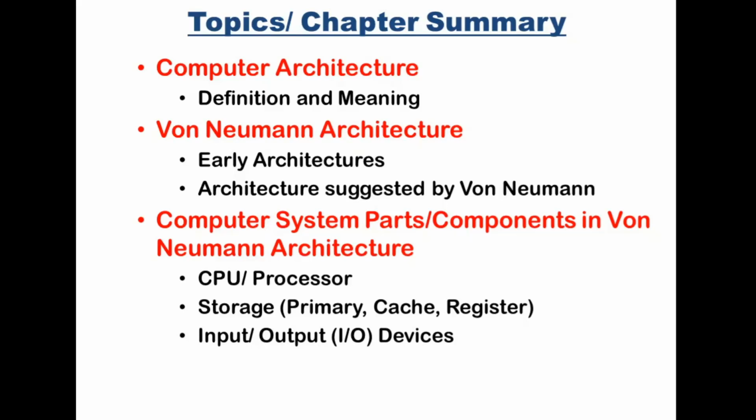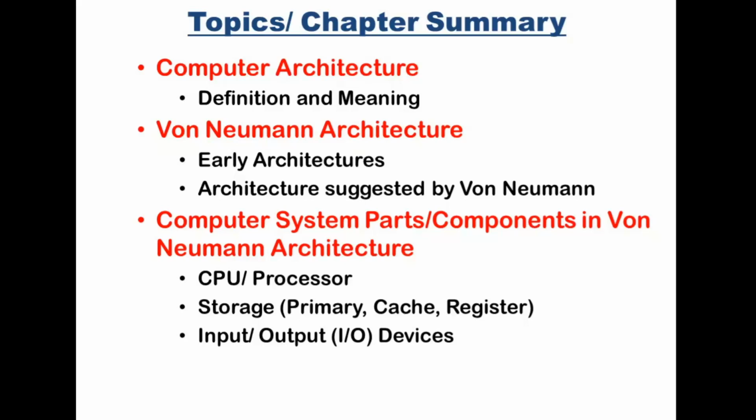First of all, we have discussed what the computer architecture is. We have discussed the meaning and the definition of the computer architecture. Then, what is von Neumann architecture? Then we have discussed what were the early computer architectures and what was the architecture suggested by von Neumann.